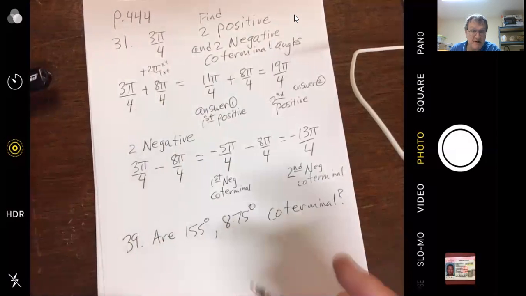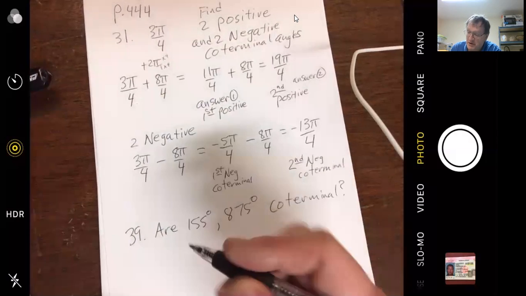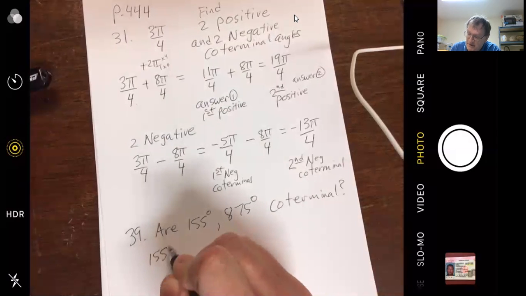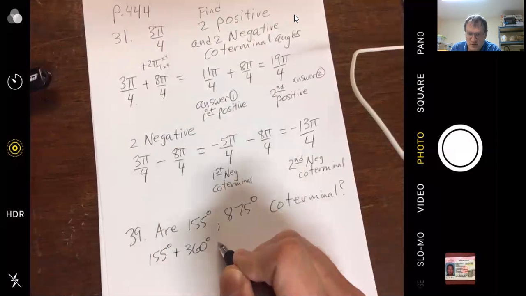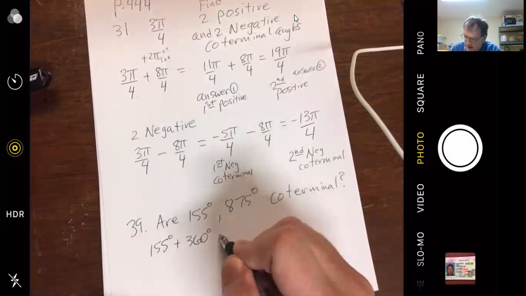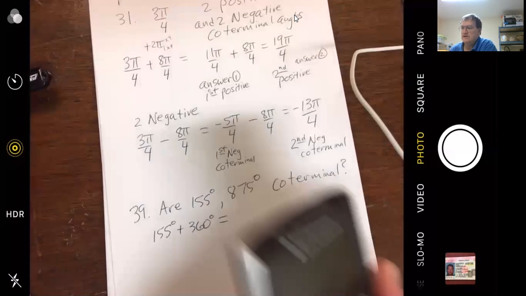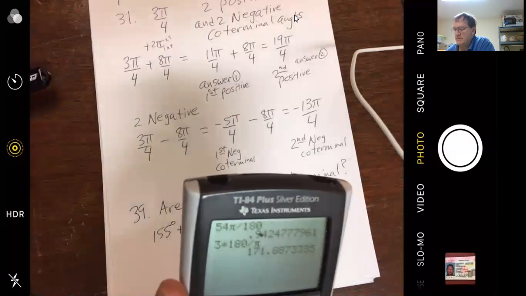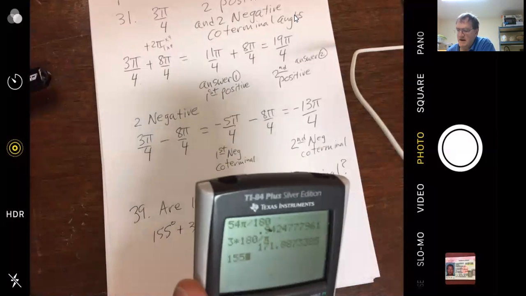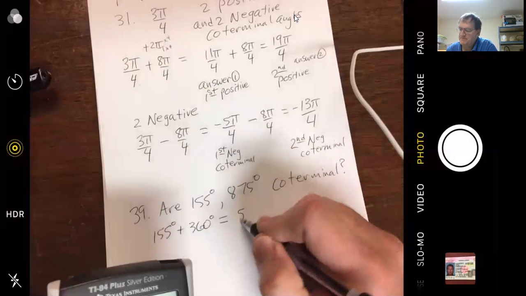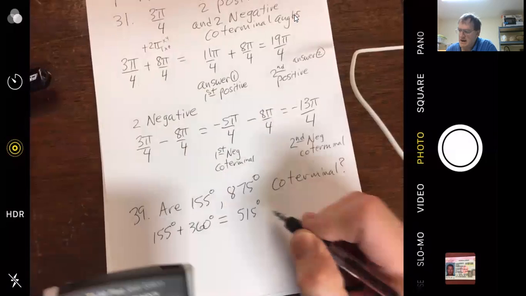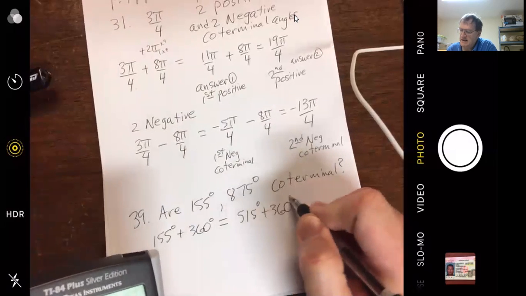See if you can get to 875. If you can't, then they're not coterminal. 155 degrees, add 360 degrees. You're not going to get to 875 going once around. You're clearly not going to get to 875 once around. 155, add 360, and you get to 515. So try adding 360 again.